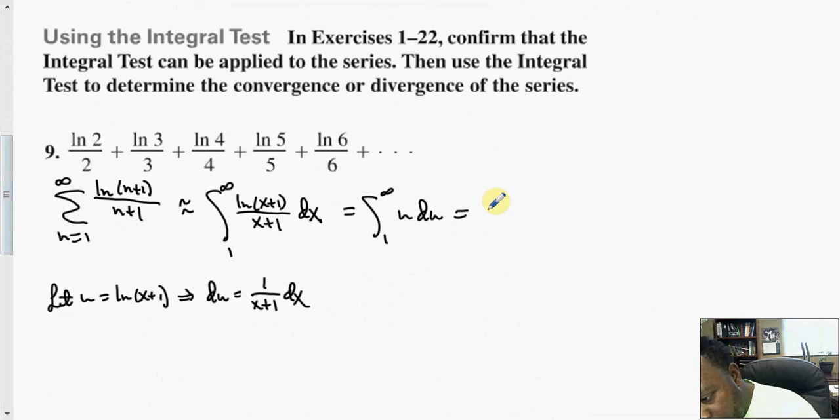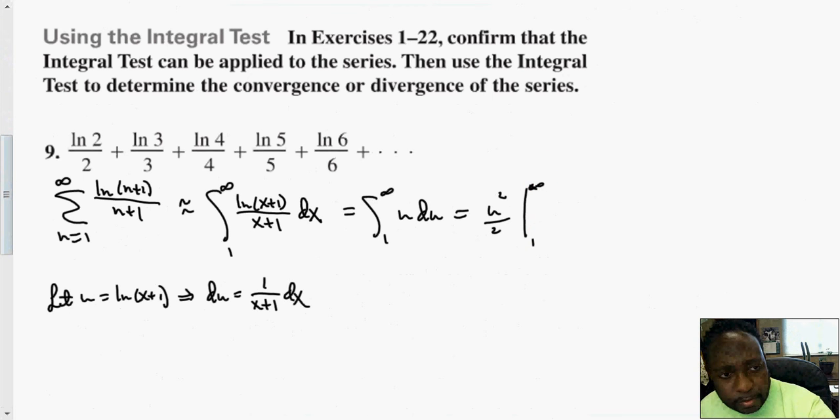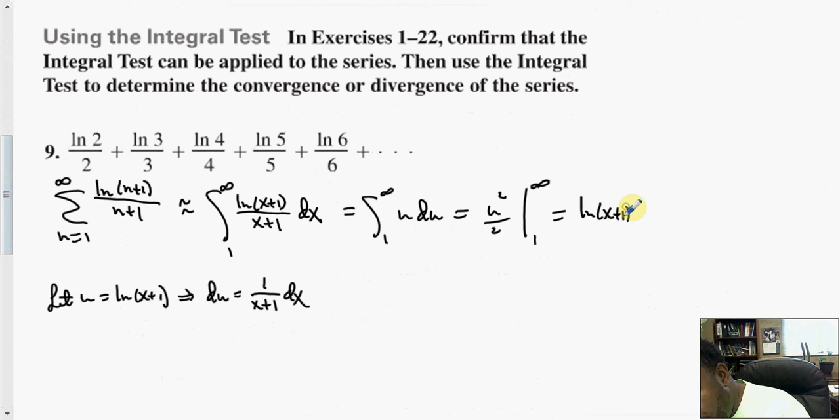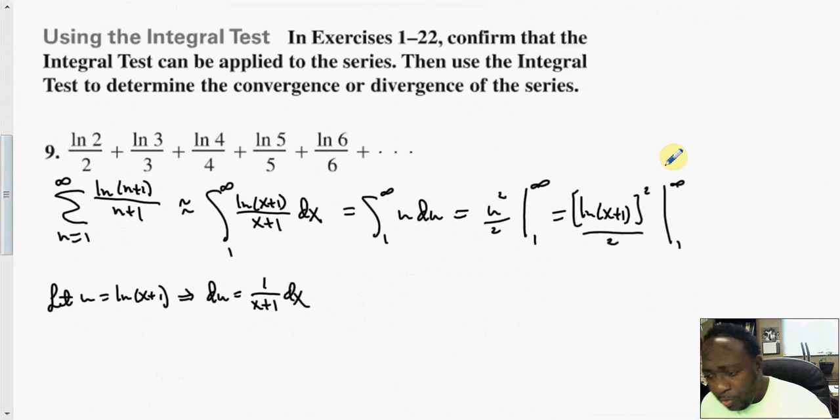So we integrate this, and we have u squared over 2, evaluated from 1 to infinity. But u was the natural log of x plus 1, so this is the natural log of x plus 1 to the second power, all over 2, evaluated from 1 to infinity.